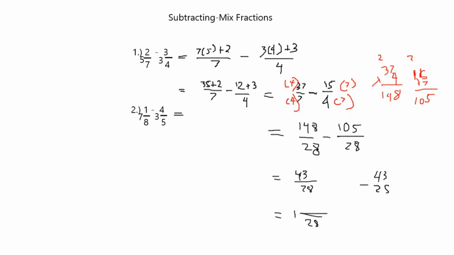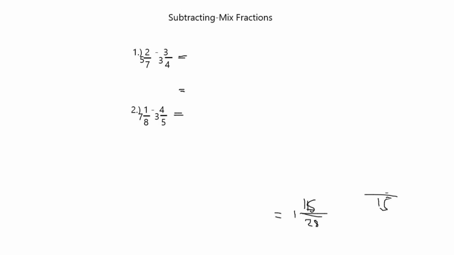So 43 minus 28. Okay, so we borrow 1 from the 4. So 8, 9, 10, 11, 12, 13. So what's the answer? That's 5 over 1. Okay, so we have 15 over 28. And then we have a 1 there. So let me just keep erasing a few things.